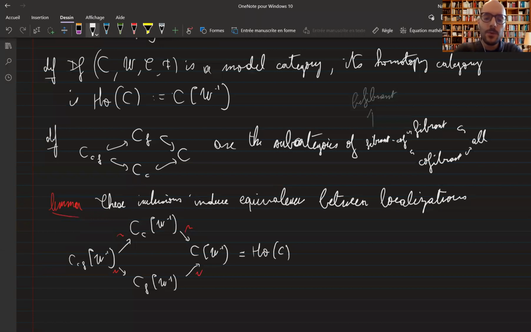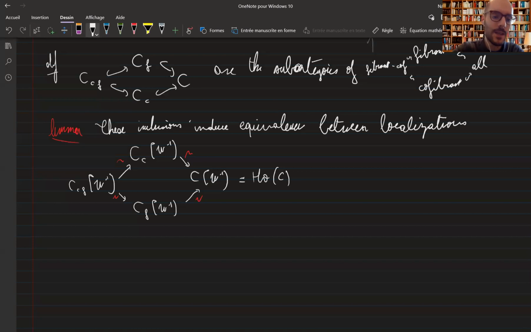So if you want to compute the homotopy category of C, you can localize the subcategory of cofibrant objects, or the subcategory of fibrant objects, or the subcategory of bifibrant objects with respect to W. And of course, here, when I write W, I mean the intersection of W with morphisms between cofibrant or fibrant objects and so on.